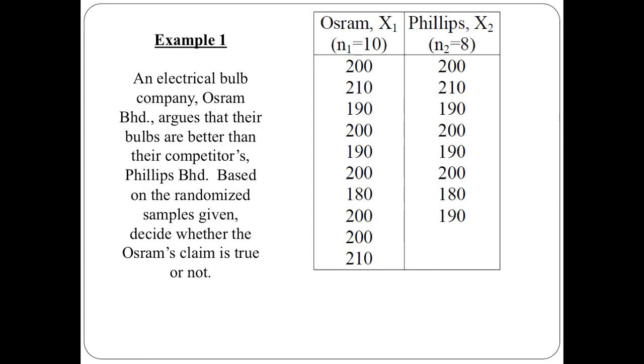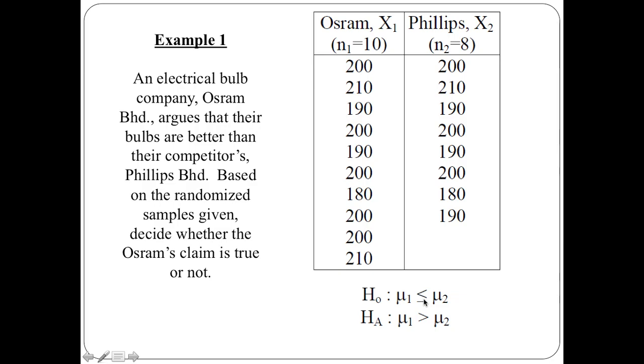So what are the null hypothesis and the alternative hypothesis for this? The answer is that the null hypothesis is that the mean of the first group, which is the mean of Osram, is smaller than or equal to the mean of Philips. Remember that your null hypothesis is always no difference, so it is always equal.